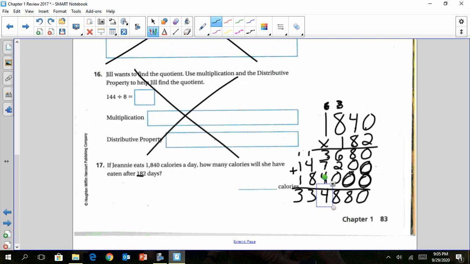And our answer is 334,880. And that will also go right here. Now, when you're entering your answer, you may enter it without any commas, or you can go ahead and place that comma in there. It will accept both answers.